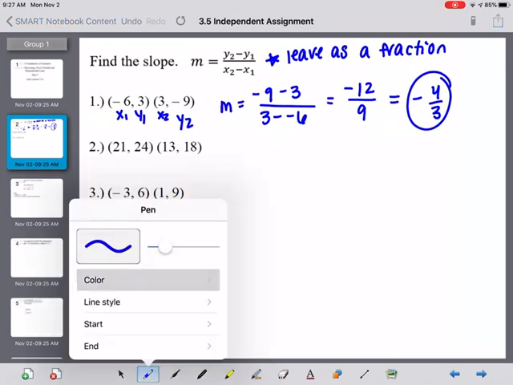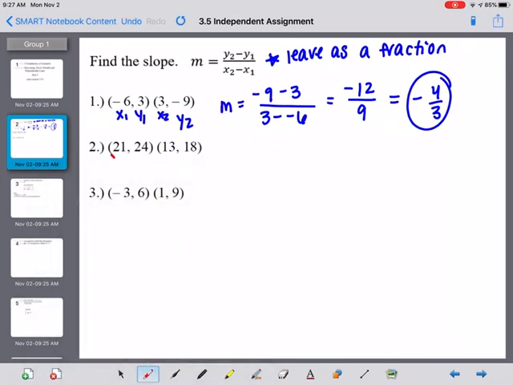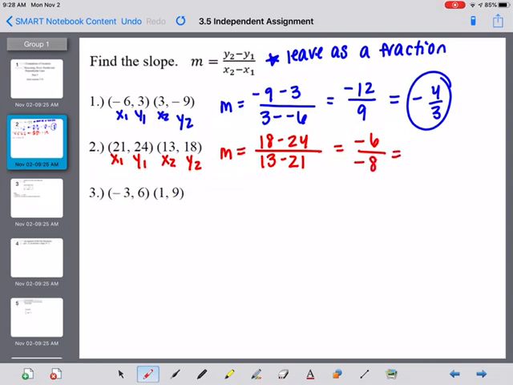All right, so here we go. Next problem. x1, y1, x2, y2. M is equal to 18 minus 24, all over 13 minus 21. 18 minus 24 gives us negative 6. 13 minus 21 gives us negative 8.